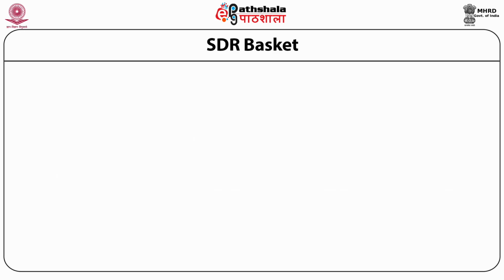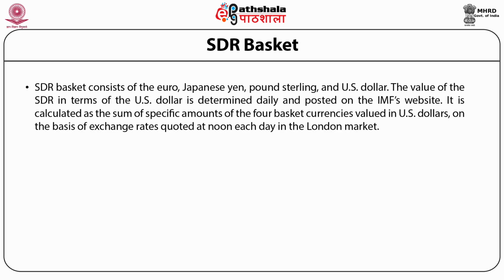Let us now talk about the SDR basket. The SDR basket consists of the Euro, Japanese yen, pound sterling and US dollar. The value of the SDR in terms of the US dollar is determined daily and is posted on the International Monetary Fund's website.